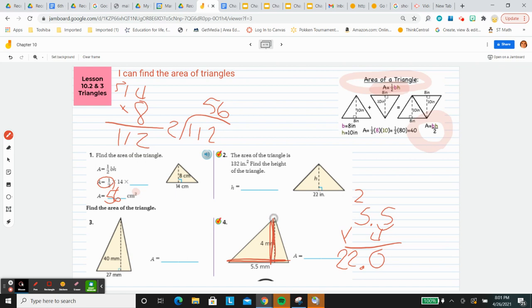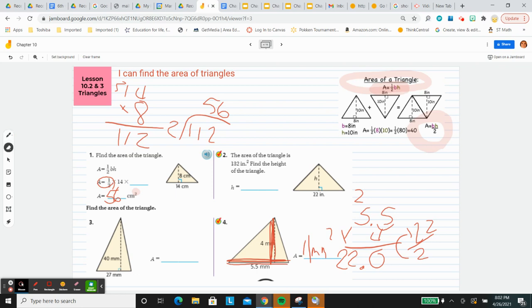You still have to have that perpendicular line, which is where we get the 22. But then we're going to have to divide 22 in half. This is 22 over 2. So we're going to divide that in half, and our answer is 11, and it's millimeters squared. Okay? All right, are you kind of getting a feel for this?